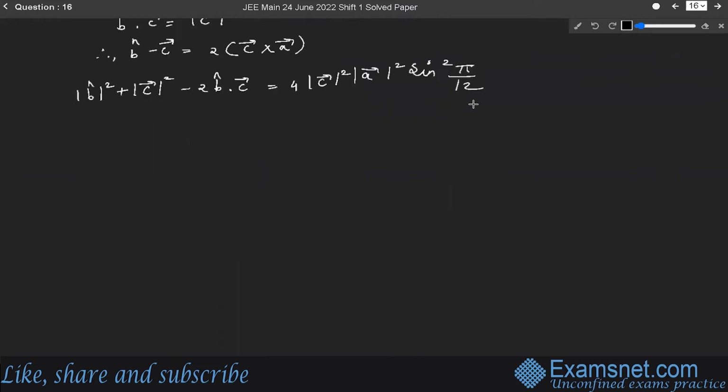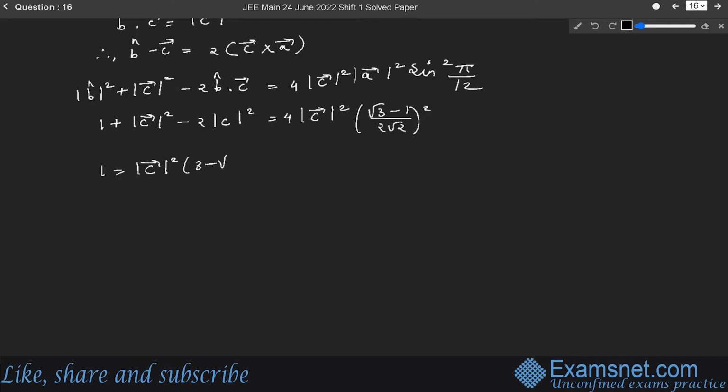On further solving this, it will be 1 plus mod of c vector whole square minus 2 into mod of c whole square is equal to 4 into mod of c vector whole square into (root 3 minus 1 divided by 2 root 2) whole square. So this will be equal to 1 is equal to mod of c vector whole square into (3 minus root 3).